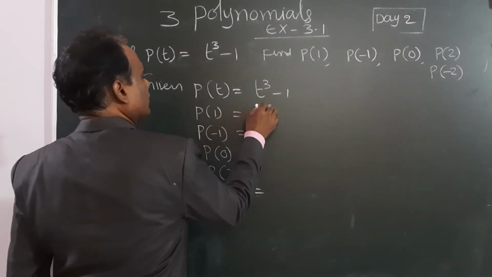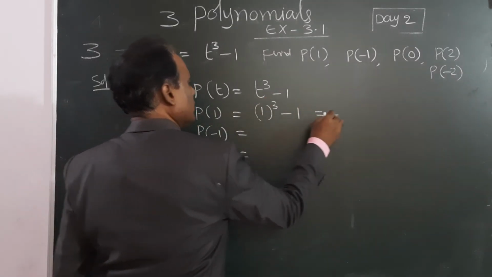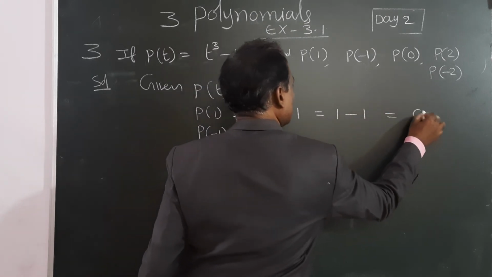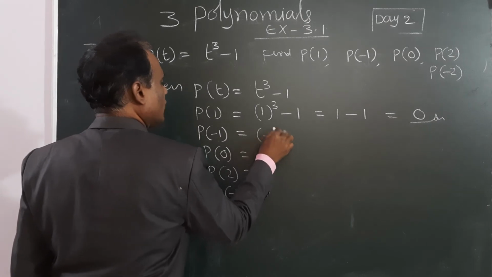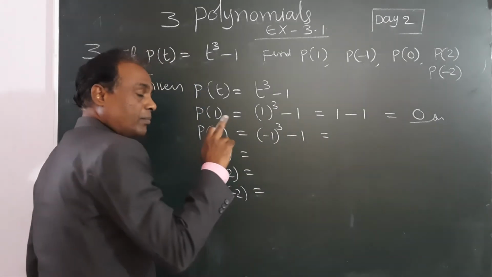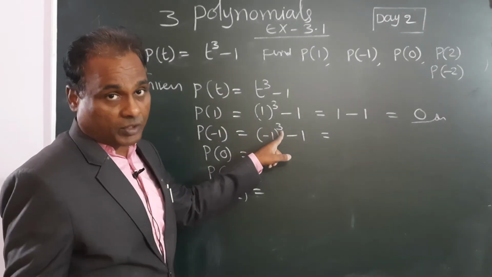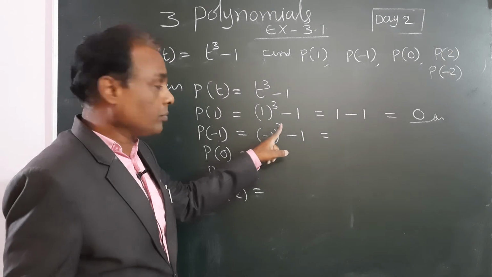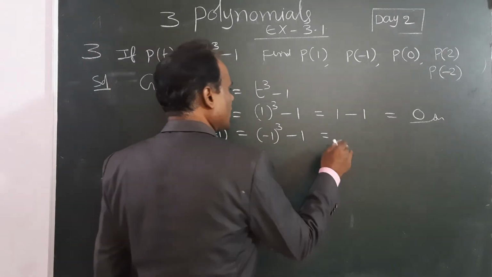P of 1 means t is equal to 1. 1 cube is 1, minus 1, answer 0. P of minus 1: minus 1 whole cube, minus 1, minus 3 times minus 1. Minus into minus is plus. If it is an even number, the answer will be plus; odd number, the answer will be minus. So minus 1 cube is minus 1.